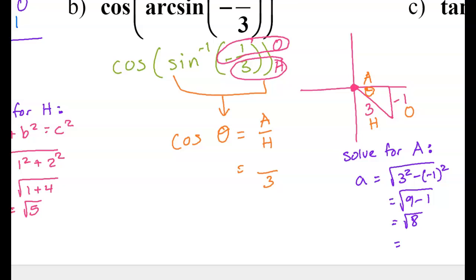What are the factors of 8? Yes, 4 goes into 8. So we can split this into the square root of 4 times the square root of 2. The square root of 4 is 2, so fully simplified this is 2 square root 2. And that's my answer.